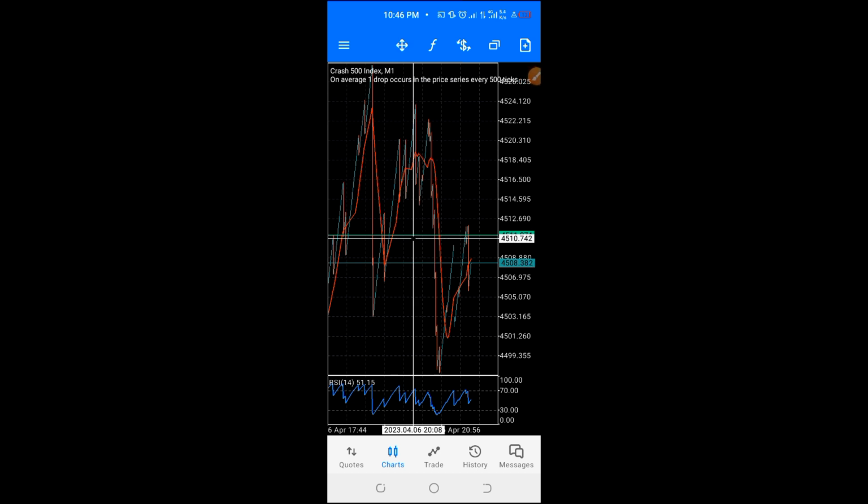Assuming we entered that trade here, we placed a sell stop here, we would have been in profit. Once you enter the trade here and it reaches this trend line, or gets close to it, it will respect it and it will crash to profit.